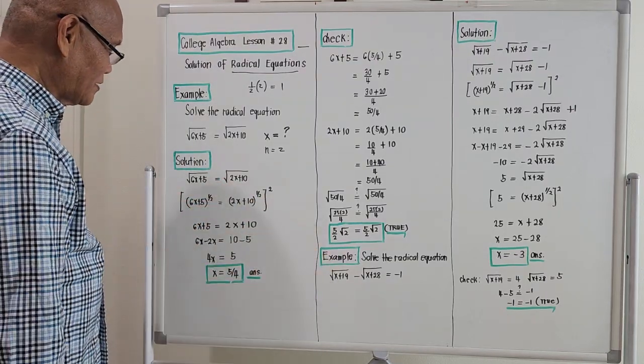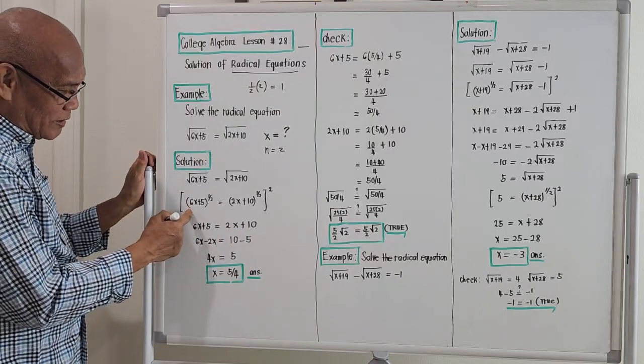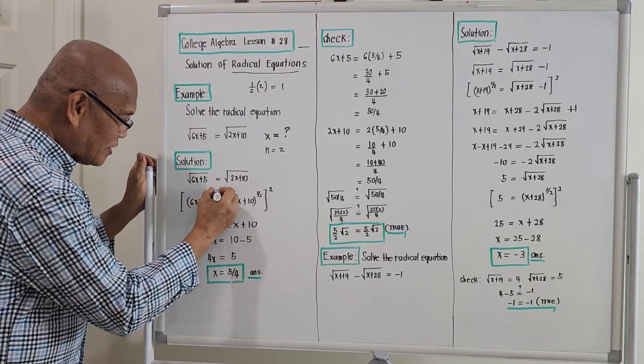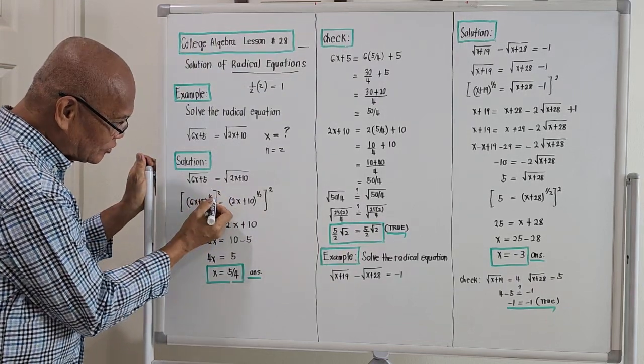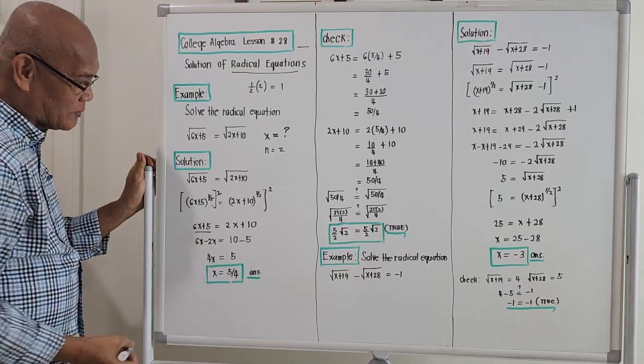Squaring both sides, we expand this one raised to 1/2 and raise it again to the second power. These two cancel, so what remains on the left is 6x plus 5.